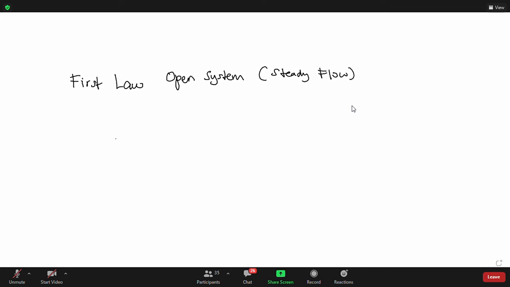How many devices have you learned? You can put in the chat room if you like. Name me the devices, please. What are the devices?